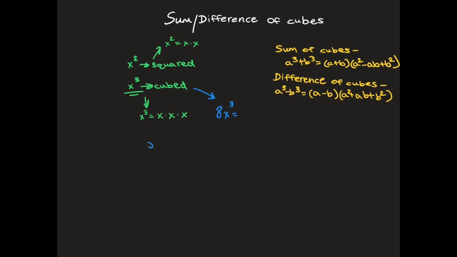Let's separate 8. What we're trying to find is one number that multiplies 3 times by itself, and the product will be 8.